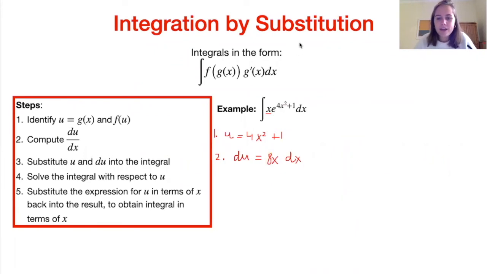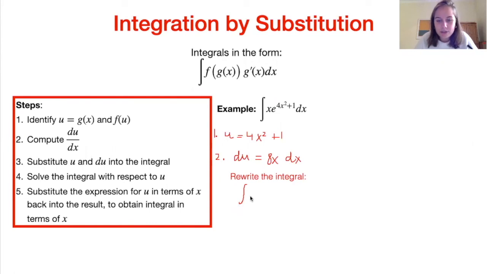Well, that's okay. How are we going to solve that? Well, we can rewrite this integral, and I'm going to show you how we can rewrite this integral to allow us to make that substitution. I'm going to rewrite this as follows. Well, we want there to be an 8x dx, right?